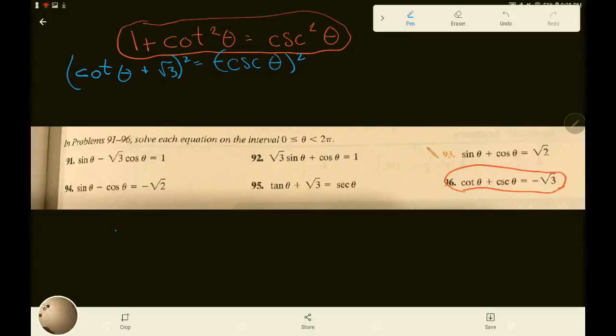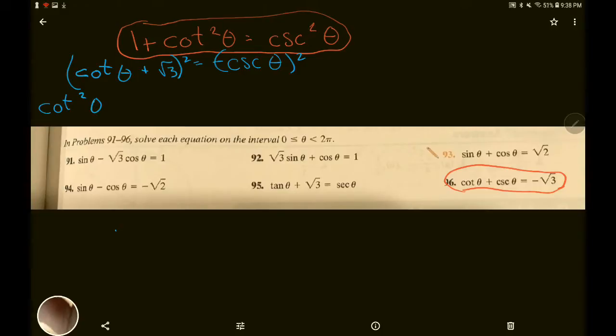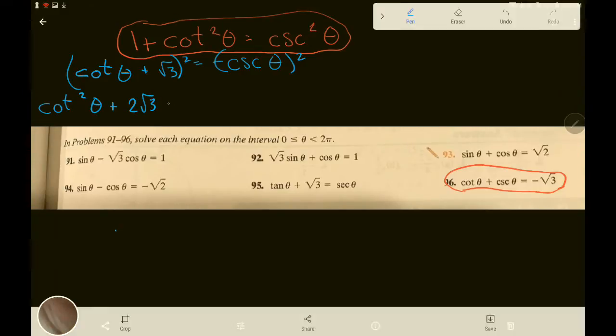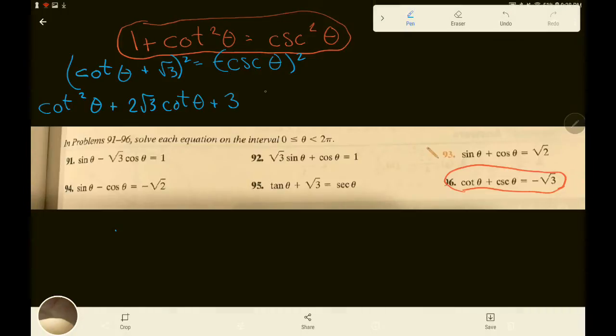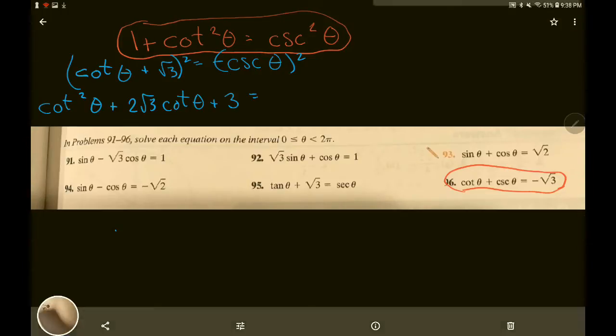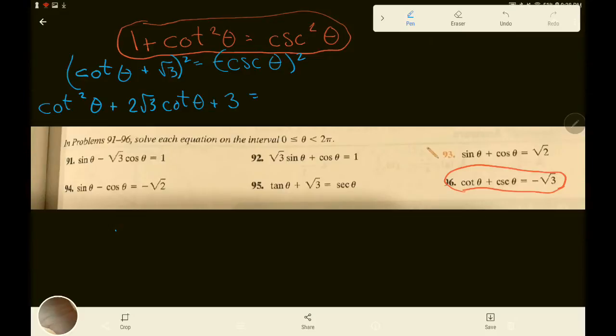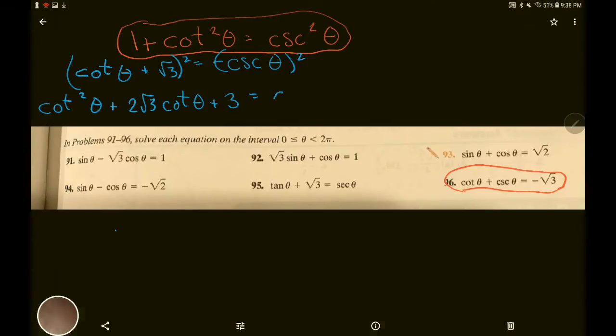Now, cotangent theta plus square root of 3 squared is cotangent squared theta plus 2√3 cotangent theta plus 3 equals now negative cosecant theta squared, which is the same as positive cosecant squared theta.